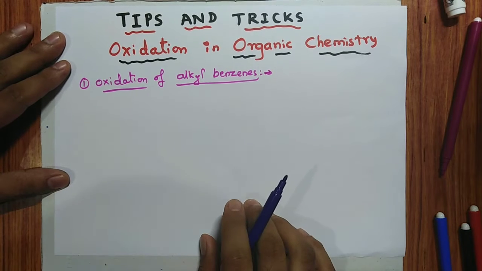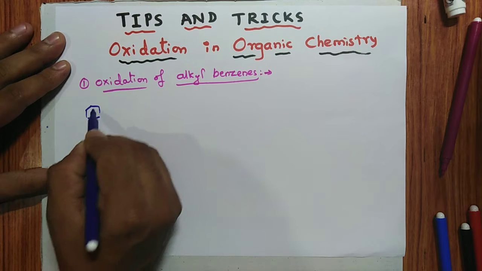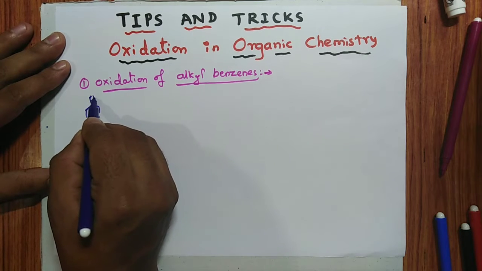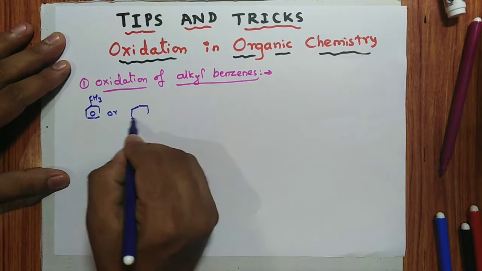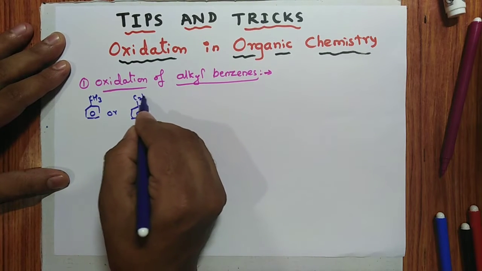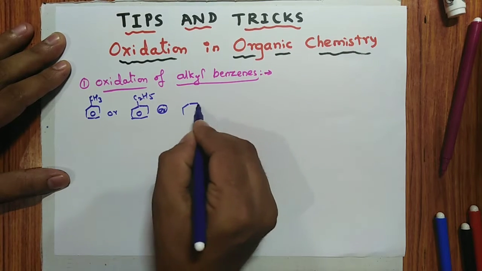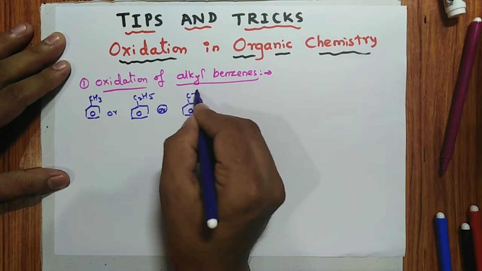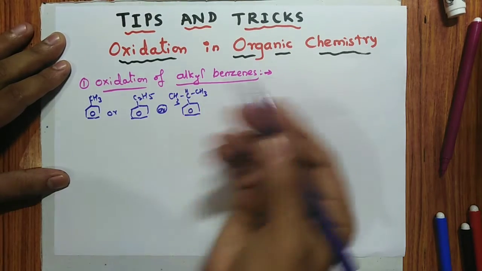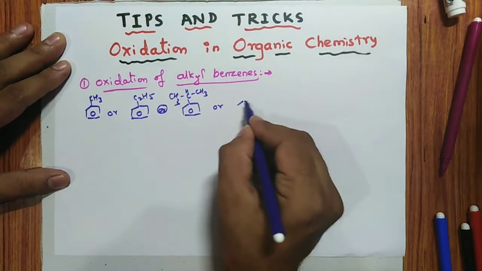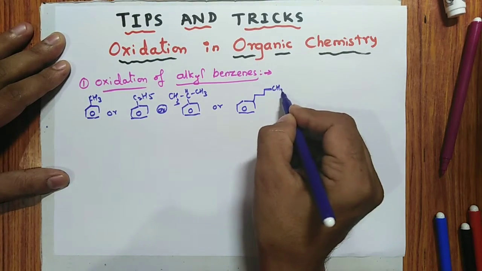alkyl benzene. In this case, one thing you remember, any compound like this, CH3, or you can consider ethyl benzene, C2H5, or you can consider propyl benzene, or any long chain like this.